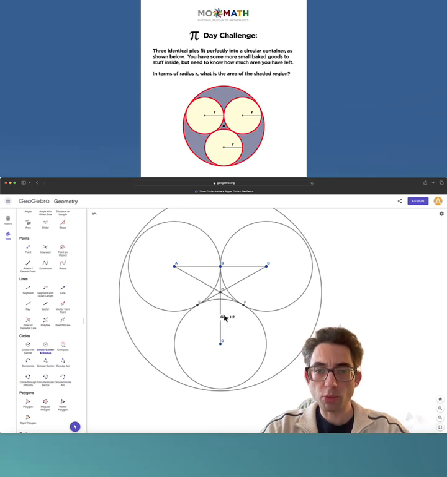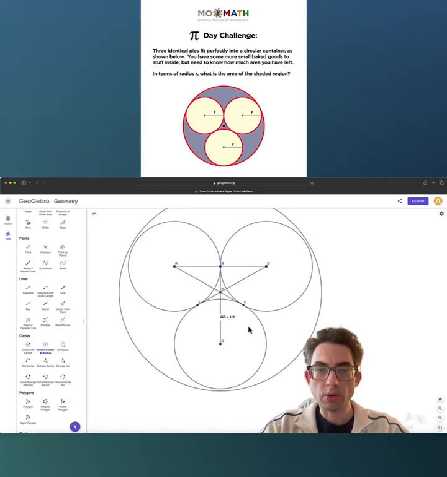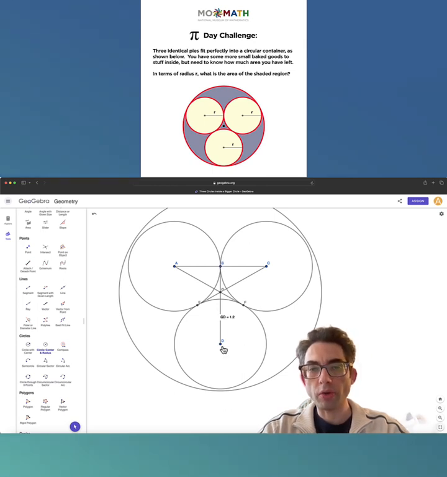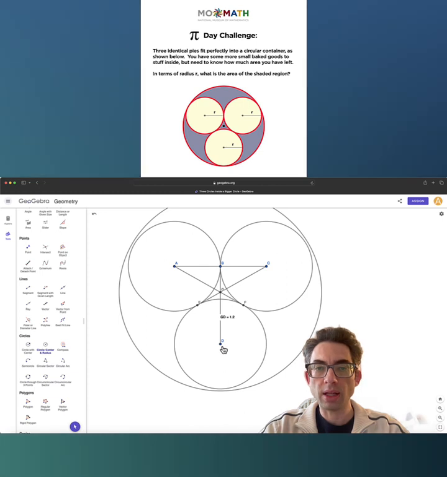We can get a more precise number, because remember that this B to D is the square root of 3. We calculated that earlier because of Pythagoras' theorem. And one of the facts about the center of mass for an equilateral triangle is that it's found 2/3 of the way along the height of the triangle.